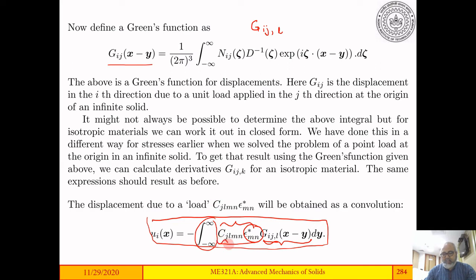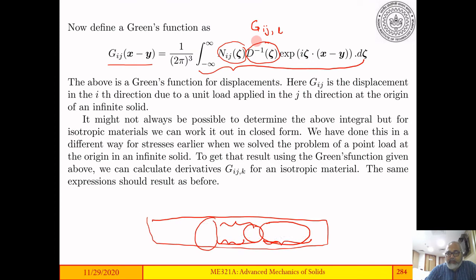Also, Cjlmn is a constant, so it also comes out of the integral. And if I know this Green's function, then I can easily find the solution to ui. Now, to know the Green's function, I have to evaluate this integral. And to evaluate this integral, the most important hurdles are finding the cofactor matrix and the determinant.